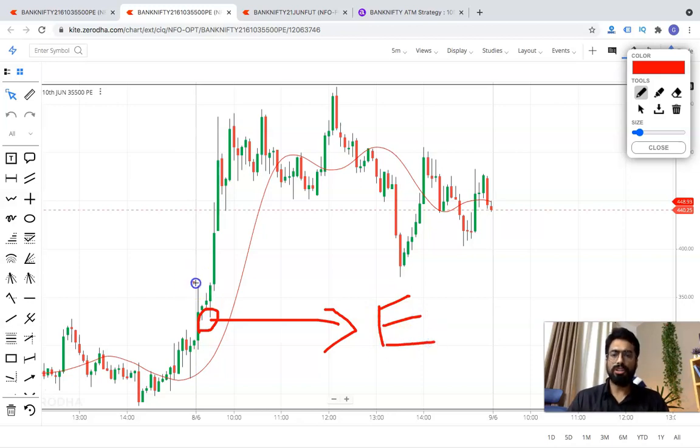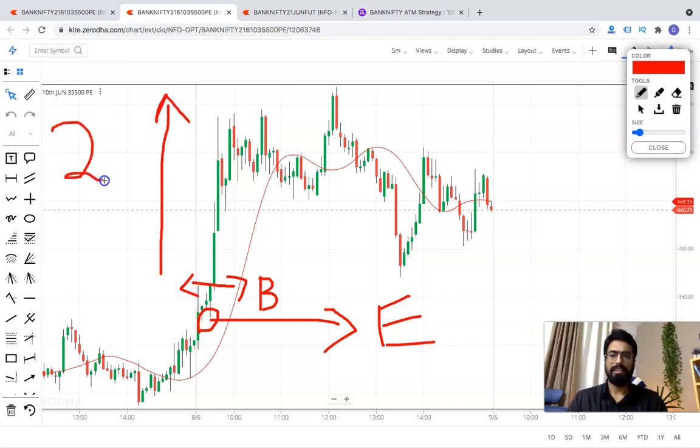If we observe the upcoming candles also, we got the perfect breakout range. This is the entry level of 330 and this is the breakout range for the big move of about 200 points in just 20 minutes. In just 20 minutes, we grabbed almost 200 points in the Bank Nifty 35,500 put. This is how we need to grab the best moves in the market.